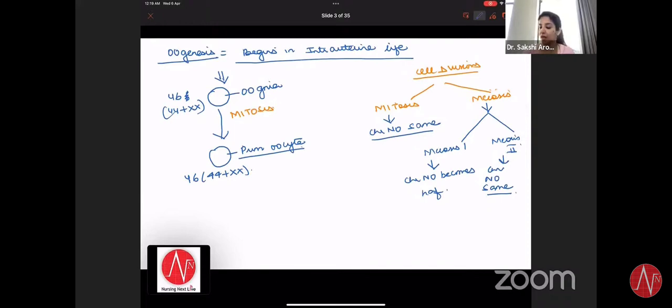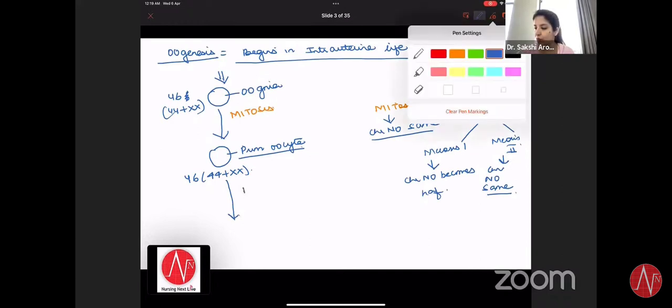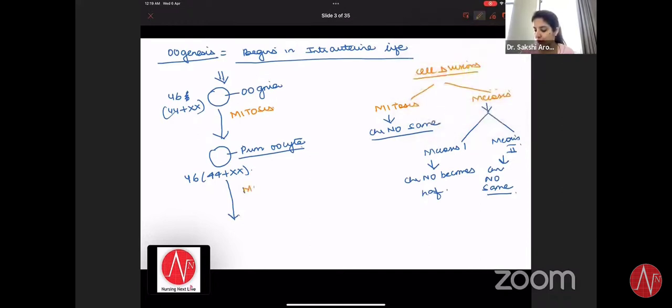Right? Now, this primary oocyte will undergo meiosis 1. But this meiosis 1 gets arrested. Right? Meiosis 1 gets arrested.